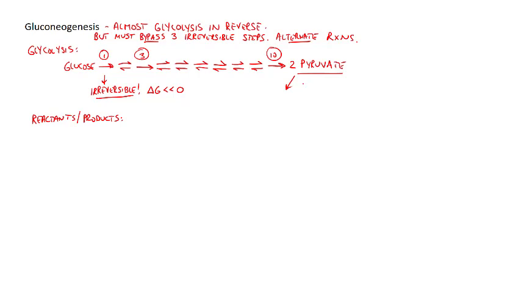What happens is we combine pyruvate with CO2 to give us oxaloacetate. And this is an ATP-dependent step. And then oxaloacetate can be made into PEP, which is the reactant of reaction 10 of glycolysis. So that's one of our bypass reactions, and this process requires ATP.